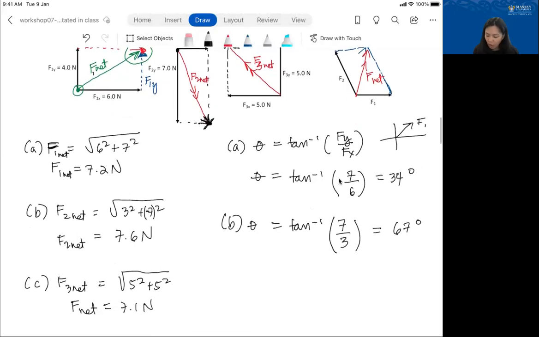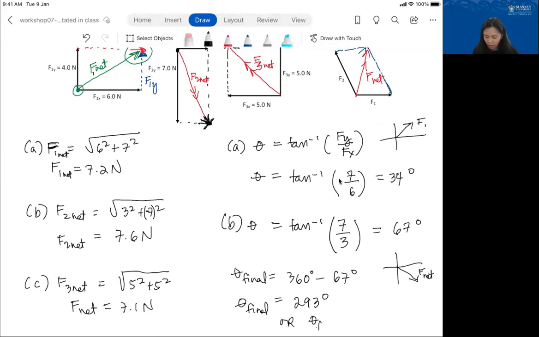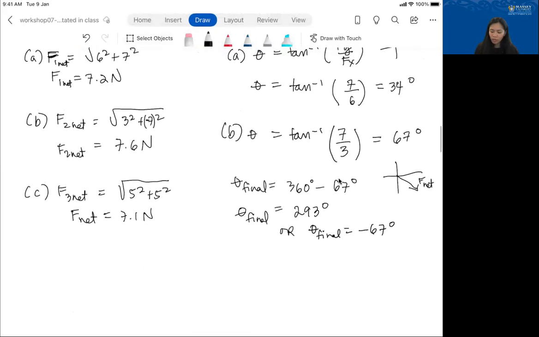But notice how the net force is in the fourth quadrant. So the final direction should be 360 degrees minus 67 degrees. That's 293 degrees for the final. Or you can also say the final is equal to minus 67 degrees. That's the only time you can use a minus, when your vector is in the fourth quadrant.